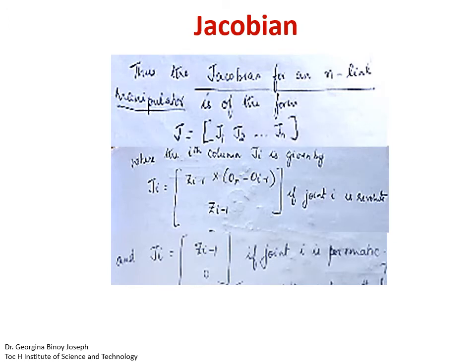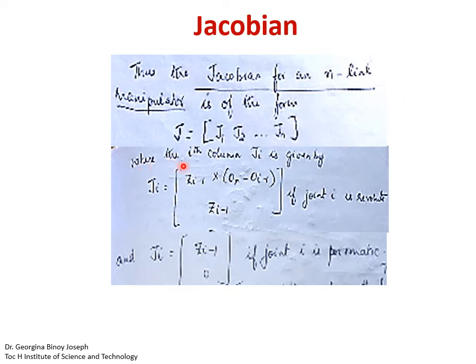Reviewing the Jacobian matrix, we know that the Jacobian for an n-link manipulator is of the form J equal to J1, J2, etc. up to Jn. A gentle reminder to please keep your notes with you so that the derivations are clear when you are watching the video.